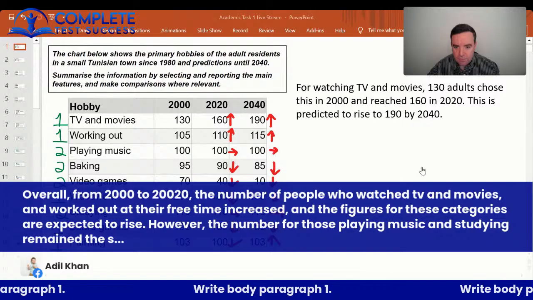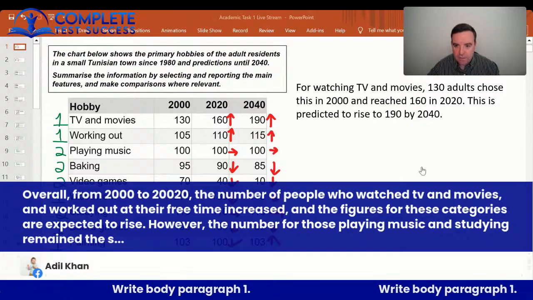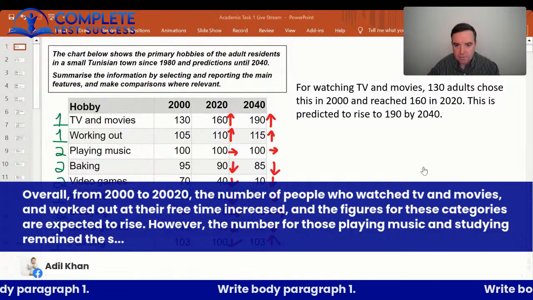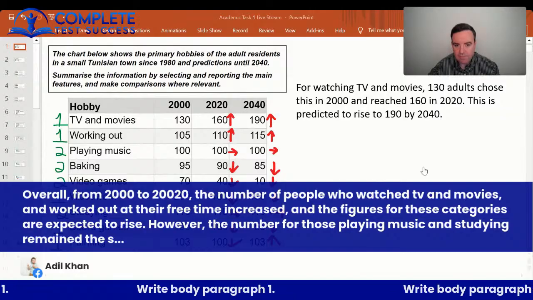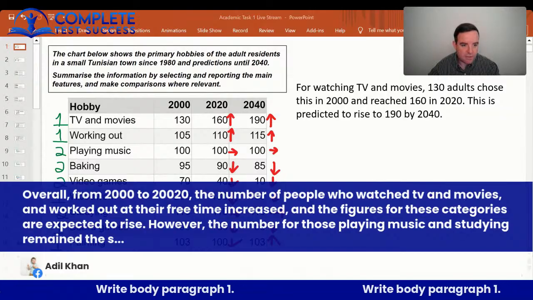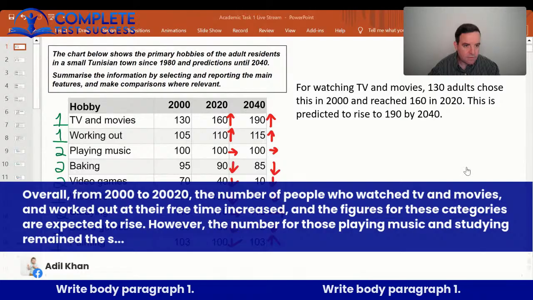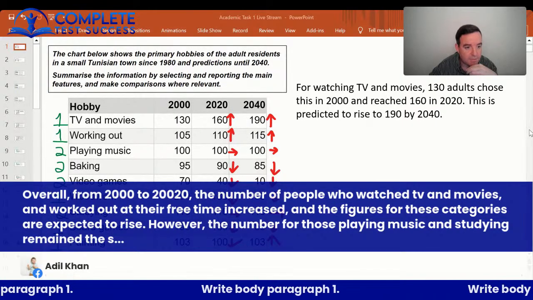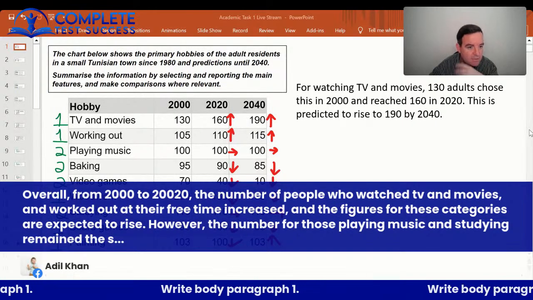"Overall, from 2000 to 2020, the number of people who watched TV and movies and worked out in their free time increased, and the figures for these categories are expected to rise by 2040. However, the number of those playing music and studying remained the same, with the expectation to remain at the same level until 2040."